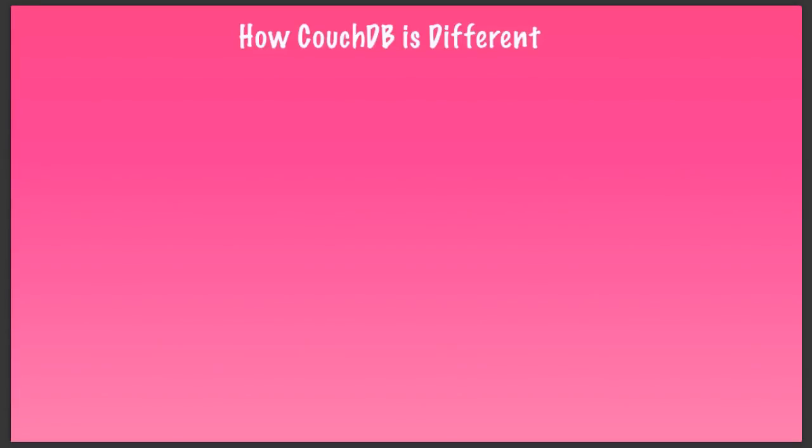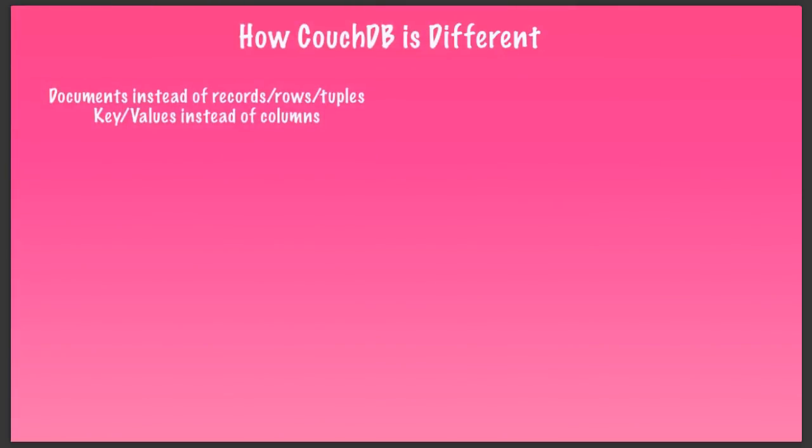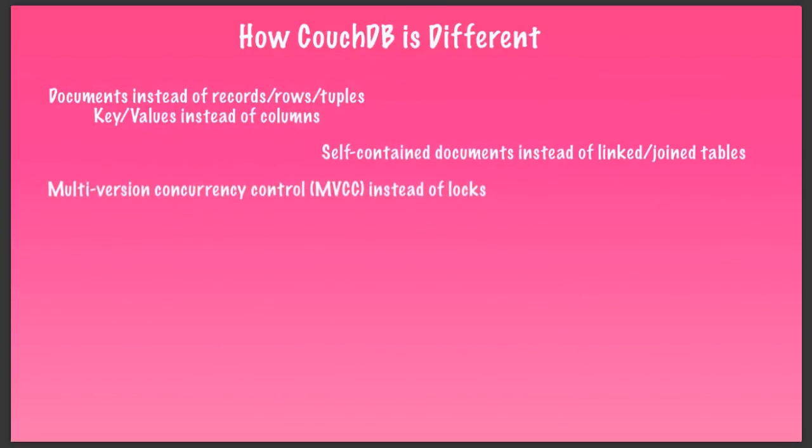So real quick, how CouchDB is different from relational databases that you may already be familiar with. CouchDB uses documents instead of records, rows, tuples, or whatever the database calls it, and it uses key values instead of columns. They are self-contained documents instead of linked and joined tables. CouchDB uses multi-version concurrency control instead of locks, and this increases availability.